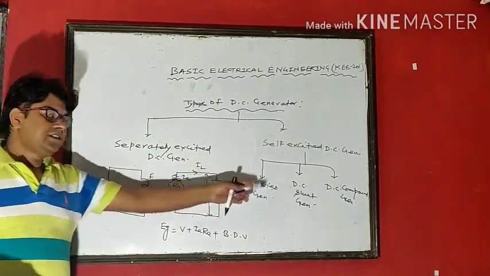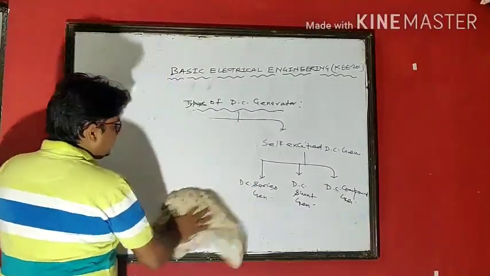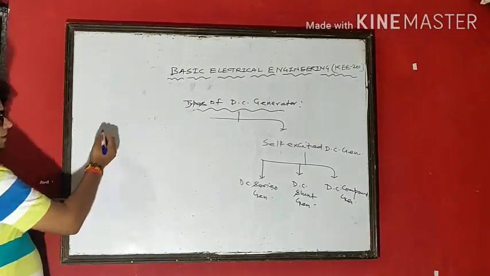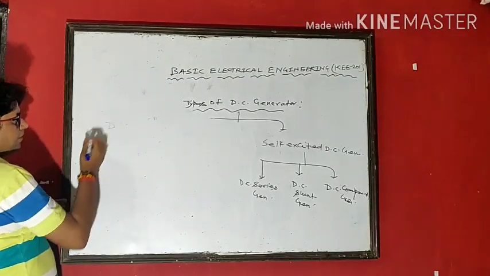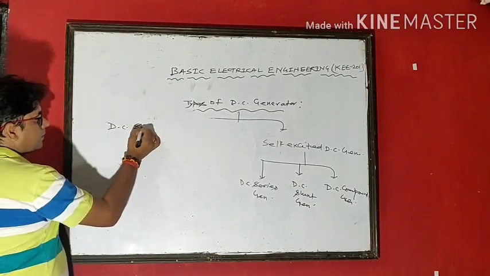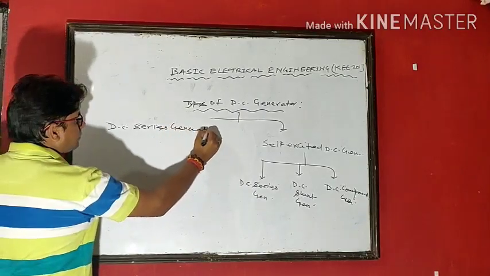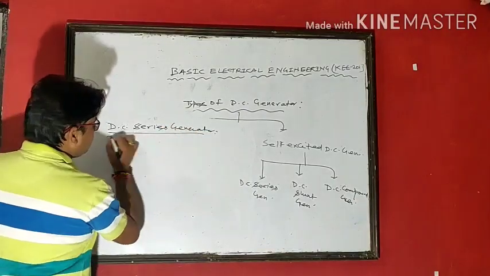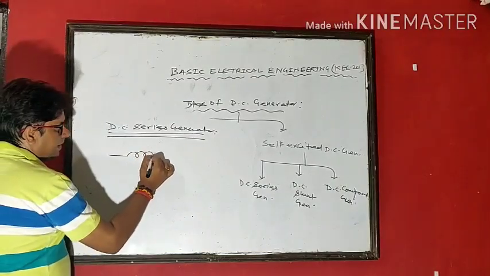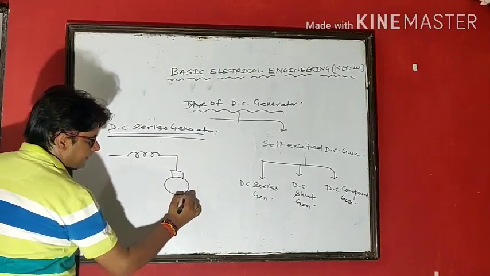First we discuss the DC series generator. Then DC shunt generator, and then DC compound generator. The DC series generator: when the field and armature winding are connected in series, it is known as DC series generator.